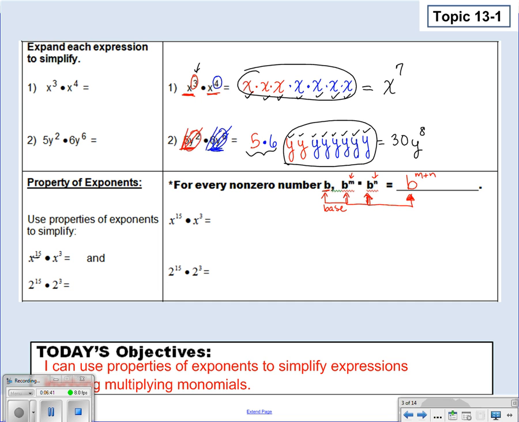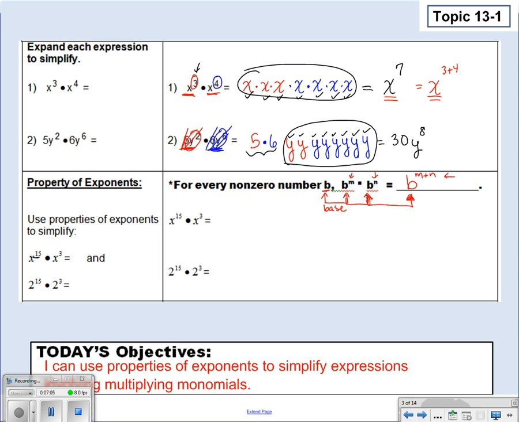The only thing that changes is the exponent, and we're going to add those exponents. So for example, in our previous ones on number 1, when we had x to the 3rd times x to the 4th, that's x and then 3 plus 4. We still have the base of x, but 3 plus 4 equals 7 is now our new exponent.